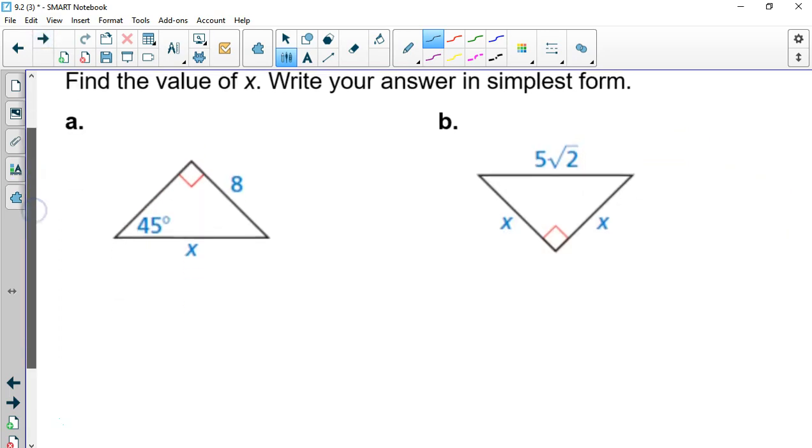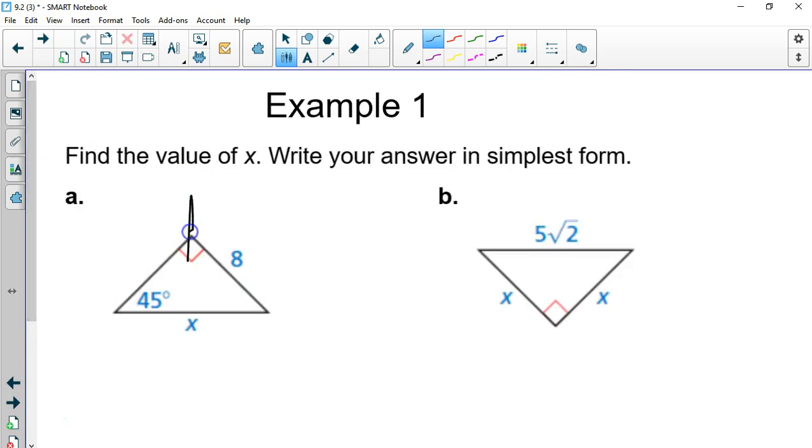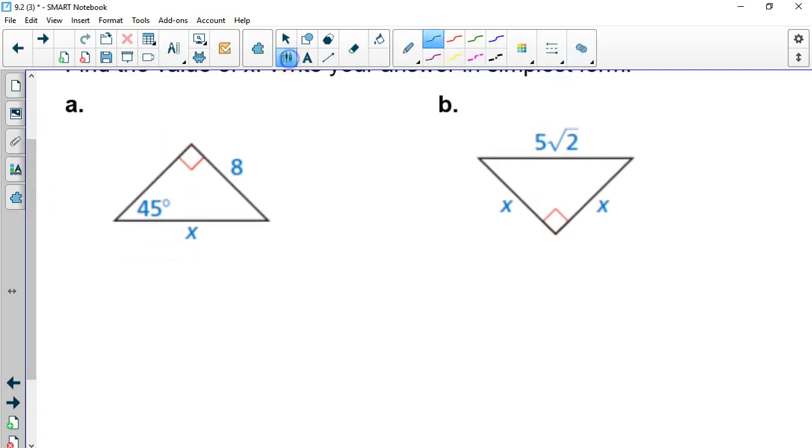So, for example, here's my hypotenuse. Right there, opposite the right angle. Since this is 45, that means this is 45, and if this is 8, this is 8. And the hypotenuse is simply times radical 2.